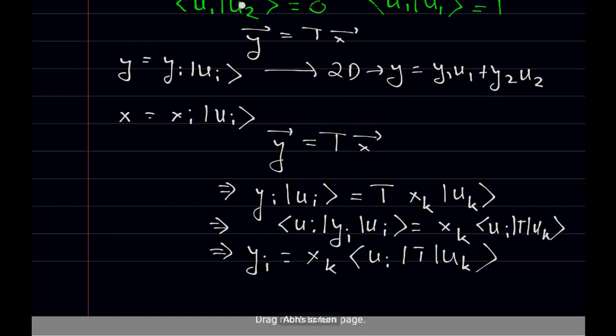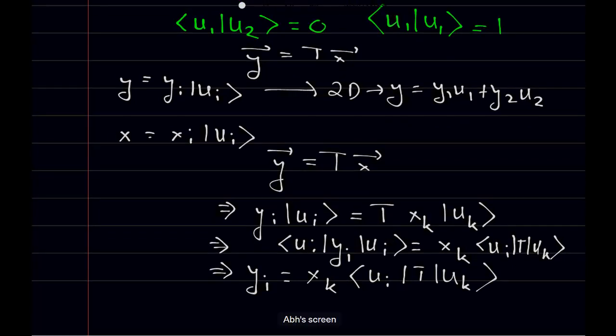Now if you look at this, don't you see that this is as if you have yi and some matrix tik, because now the operator becomes a matrix. You can form elements of the matrix also, and you get xk.